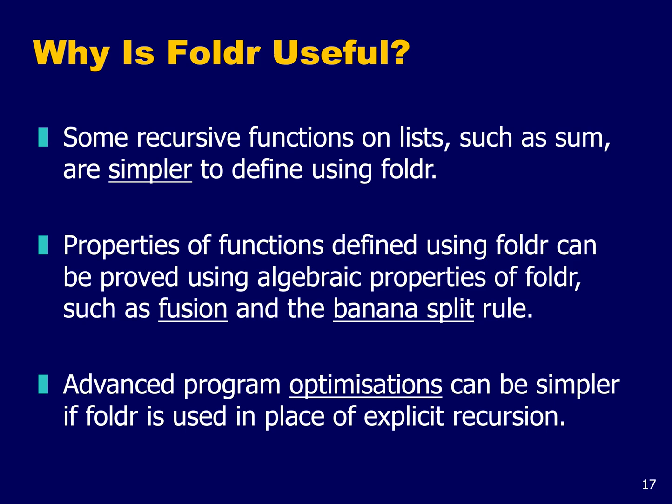Okay, so even though you might not care about things like fusion and banana split, these are more sophisticated topics which we'll cover in the advanced course in the second year. Even if you don't care about them, the compiler cares about them because it's using these kinds of things to optimize your program for you. Okay, so that's all we're going to really think about in terms of foldr. It captures a more sophisticated pattern of recursion, or a simple pattern of recursion, and it's actually more general than you might think.